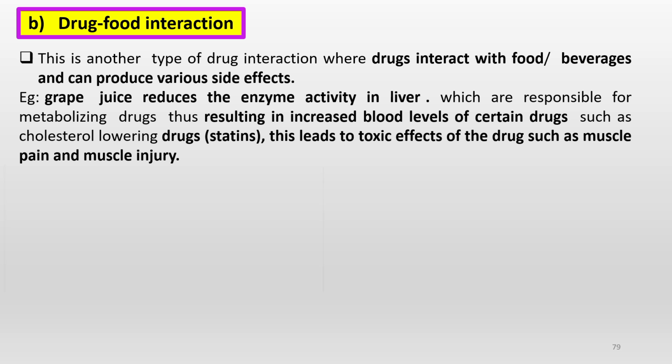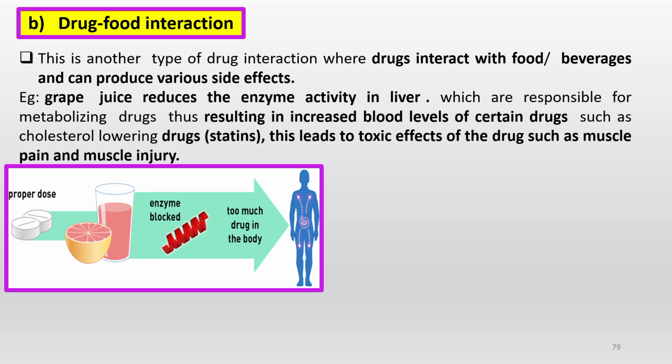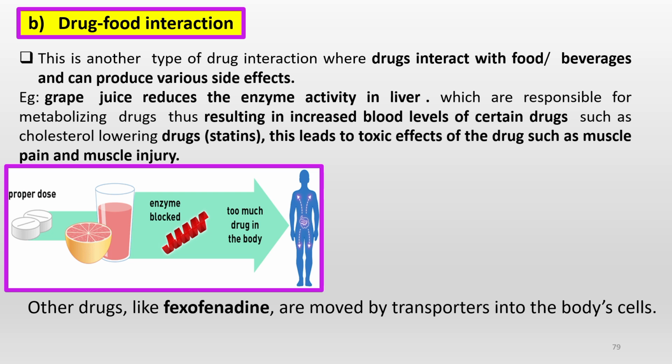So I have taken two examples. With grapefruit juice, if it blocks the enzyme activity in the liver, so much of the drug stays in the blood, in the case of statins. When you come to another drug like fexofenadine, the drug is moved by a transporter into the body cells and it is reduced actually.